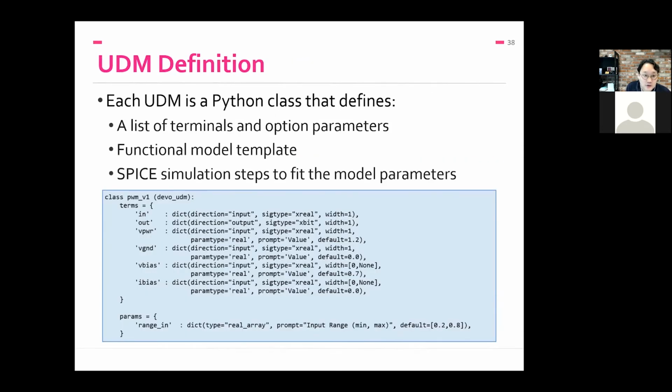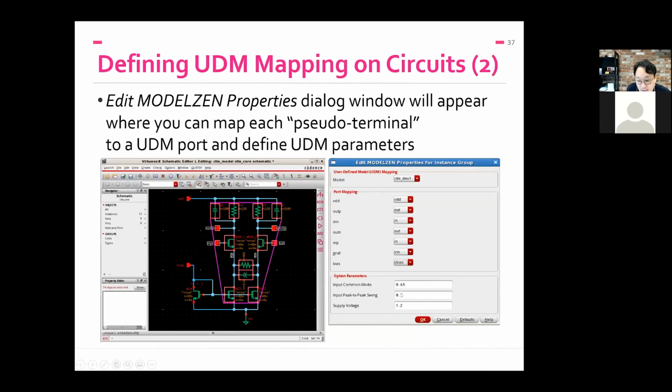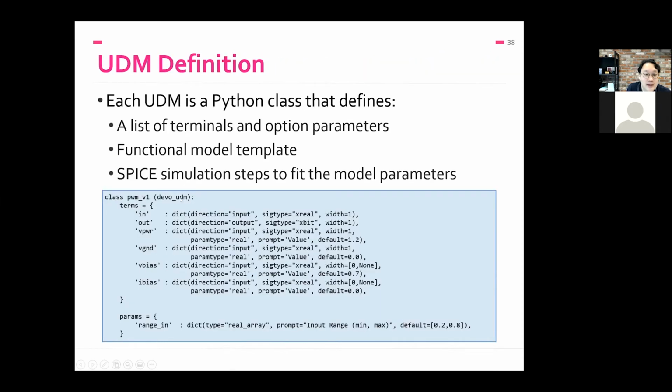So UDM is user-defined model, which means that you can define the things that you want to model. It's basically one Python file that defines three elements. One is the set of terminals and parameters assumed by this model, like the one you see on the screen, the list of ports, the list of parameters. The second is the template of the functional model that this UDM should generate.